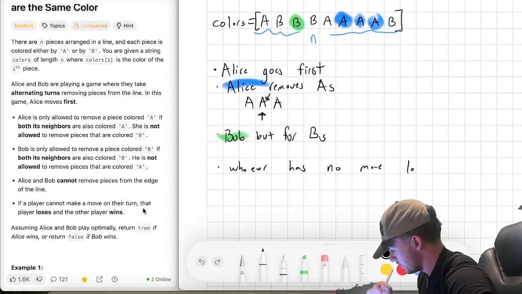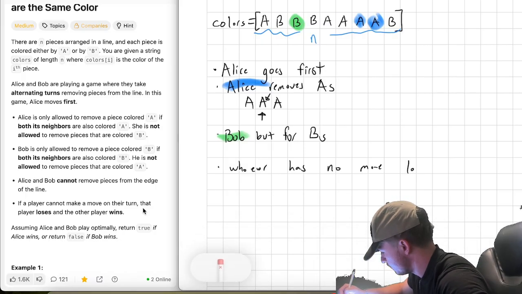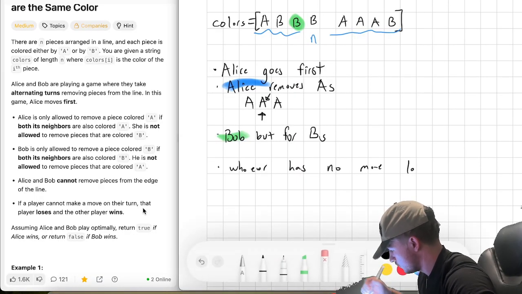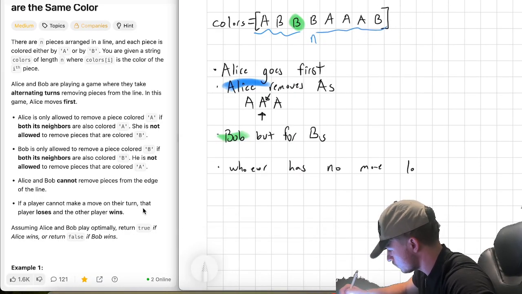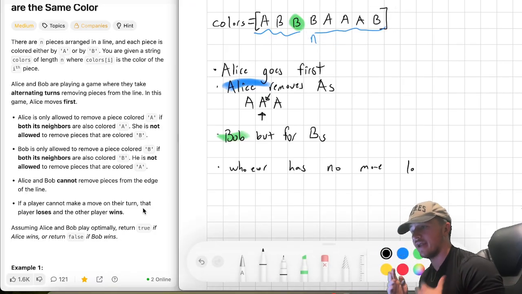For example, in this example here, let's change this up a little bit so that it's an example where we have just 1 and 1. All right, so in this example, B has one removal and A has one removal.